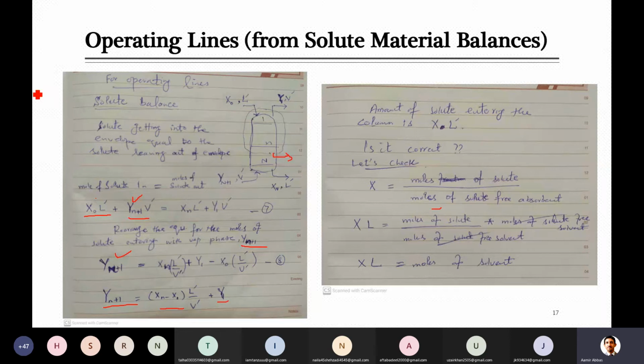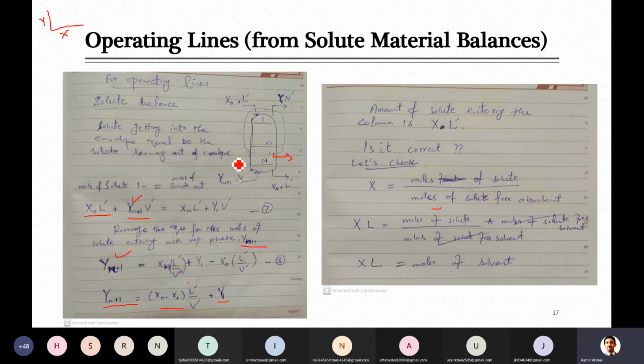If you remember the graph that was actually between X capital and Y capital, here the values of x are on the x-axis and y on the y-axis. So this is y is equal to mx plus c. X is the variable, and this is the slope of this line, liquid flow rate divided by vapor flow rate, and plus this is the y-intercept, the point at which it intersects the y-axis.